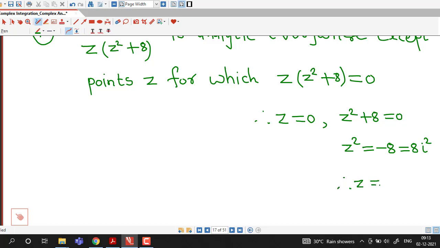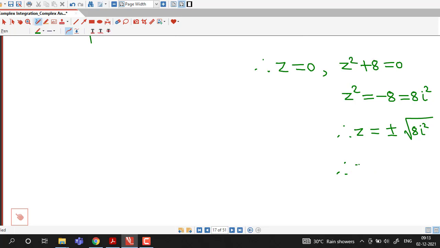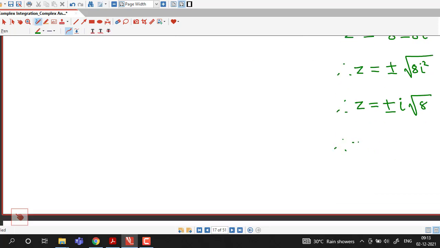Therefore z equals plus or minus i times square root of 8, and 8 can be written as 4 into 2, and the square root of 4 is 2.